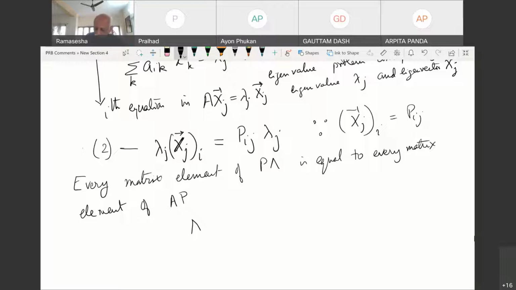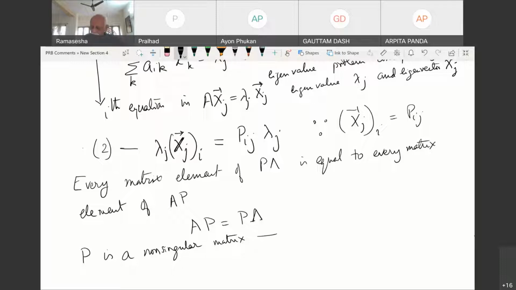Now, P is a non-singular matrix. Why is it non-singular? Because all its columns are linearly independent.